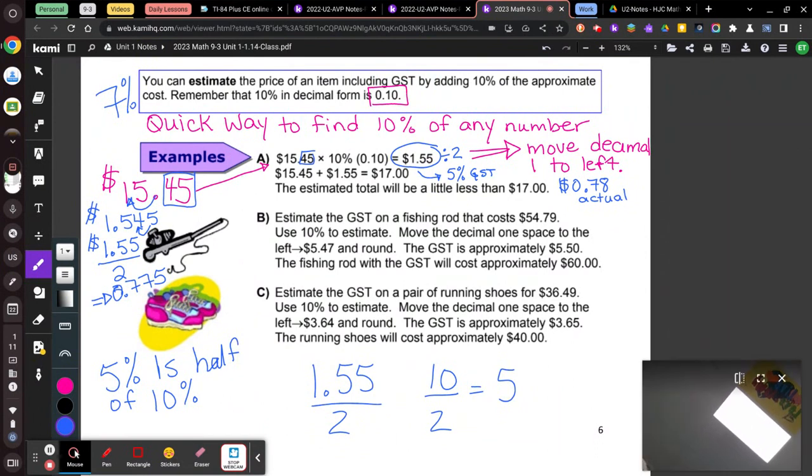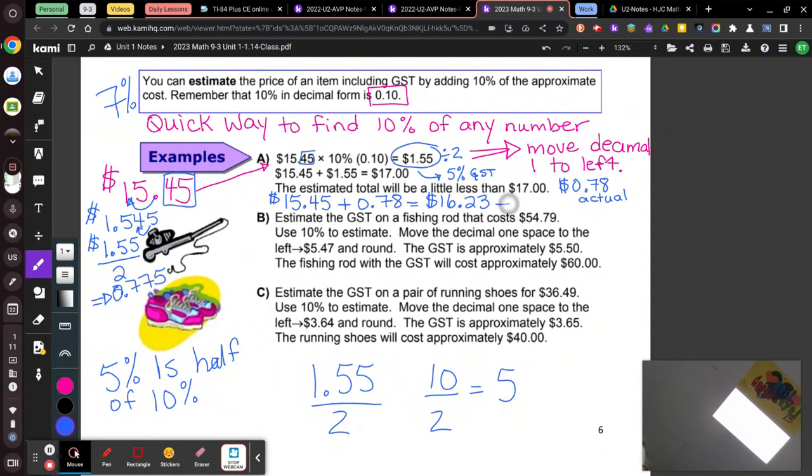So if we were to take $15.45 and now add our 78 cents, how much does that object actually cost? 15.45 plus 0.78 is $16.23.